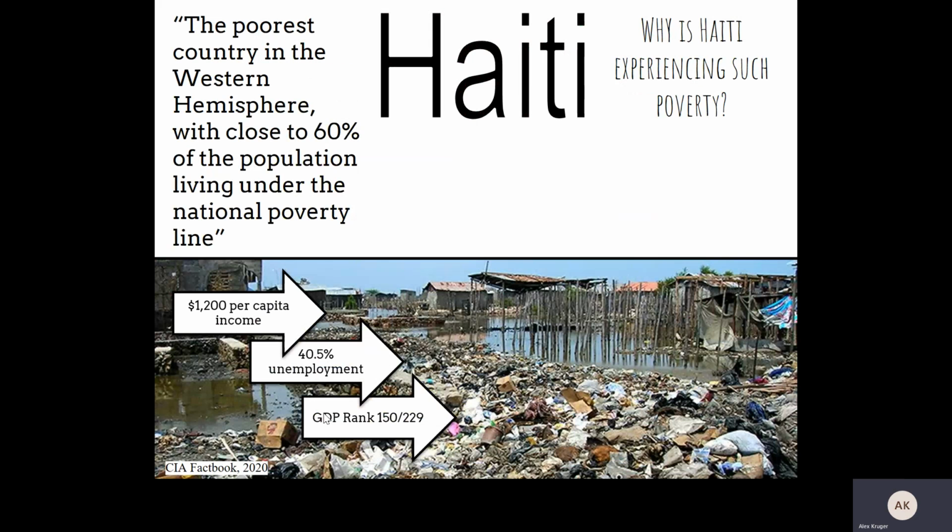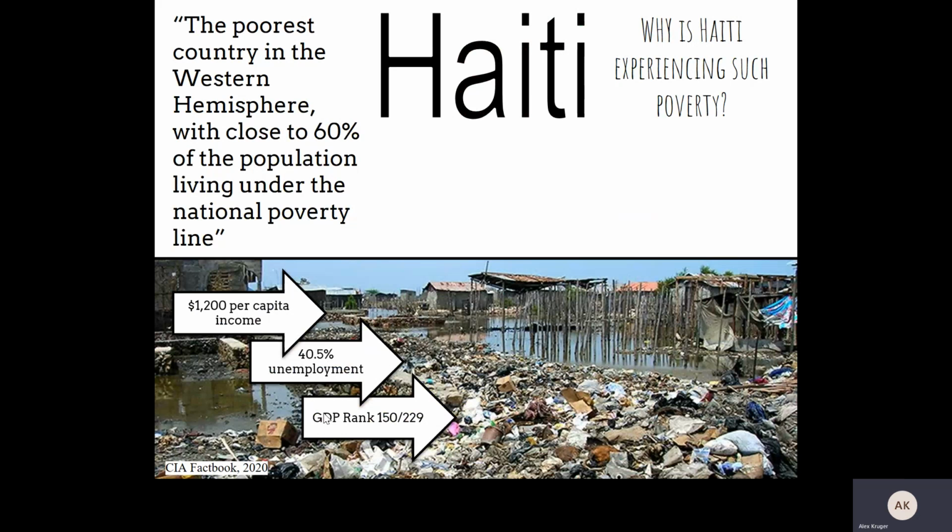The poorest country in the Western Hemisphere is Haiti. We talked about that earlier. They only make about $1,200 a year on average, per person. So that is very poor, a few dollars a day. 60% of the population is living under the national poverty line of their country, which is much lower.